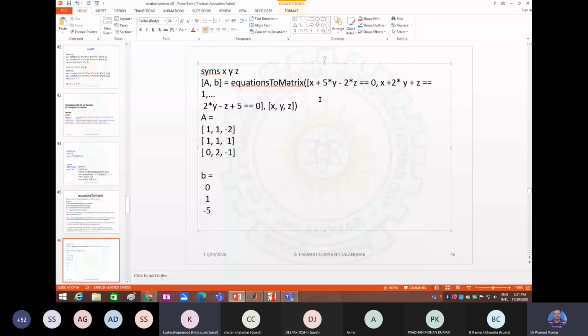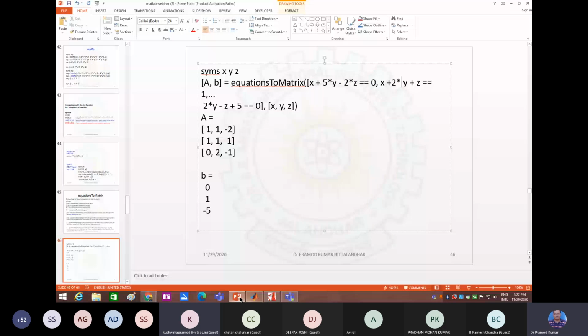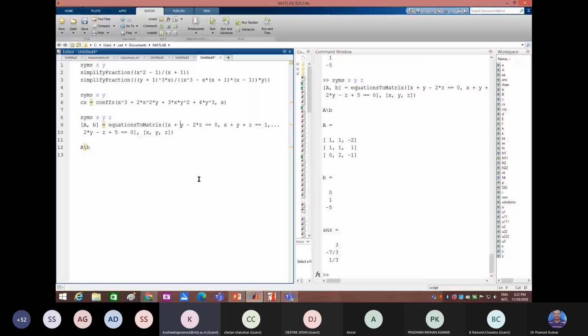Or we have to verify here 5 and 2. Here we have written, and this is 5 and this is 2. I am waiting for your answer.